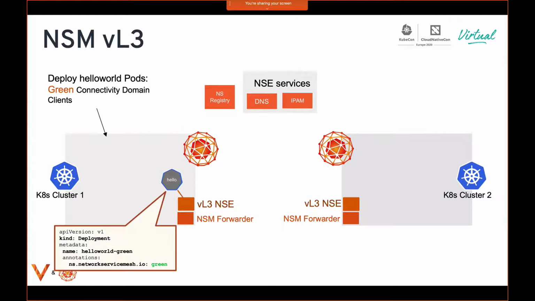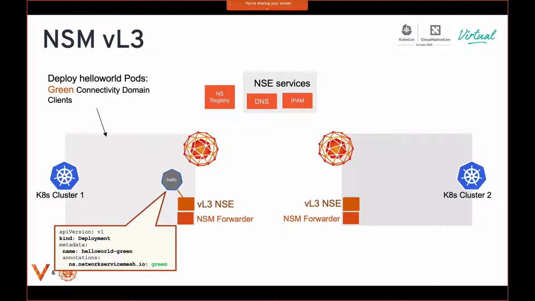We're trying to show the same flow, but with the L3 NSE as the specific case of how it works. So in the case of the VL3 NSE, we have an annotation, the same model where we apply an annotation for a network service. That annotation corresponds to the actual connectivity domain network service. In this case, it's the connectivity domain called green, and the NSE that it's connecting to is configured to connect to the network service registry for that connectivity domain.